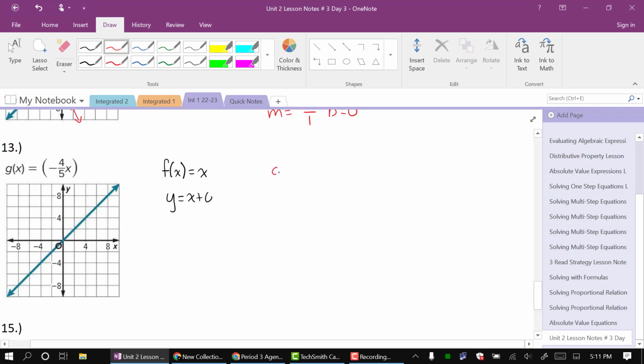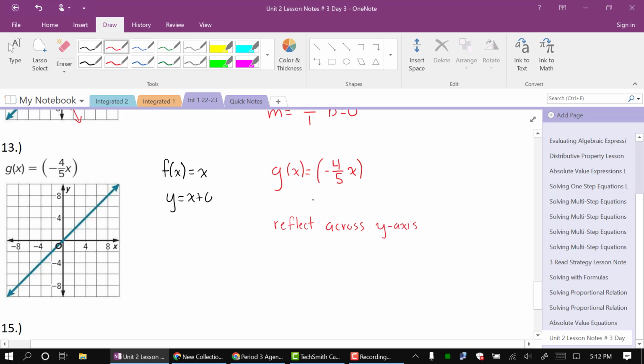And our new function, g of x equals -4 over 5x. Since the fraction is inside of the parentheses, this is going to be a reflection across the y-axis.